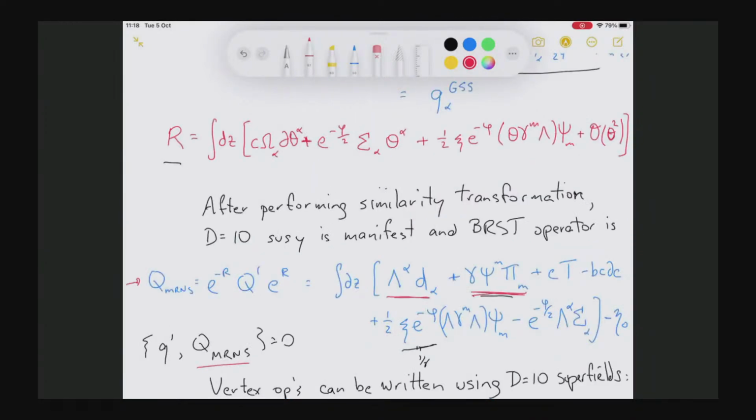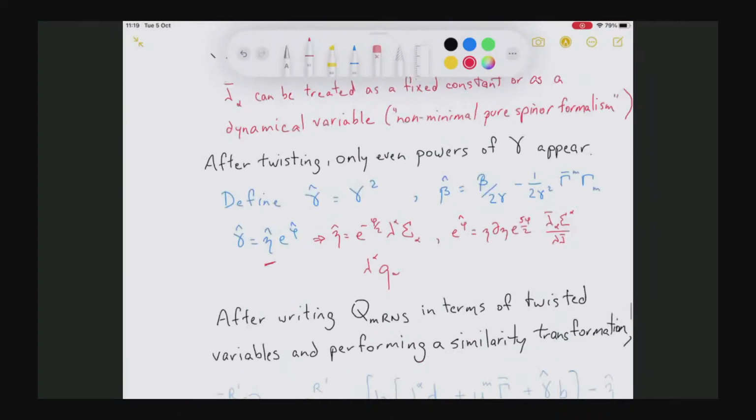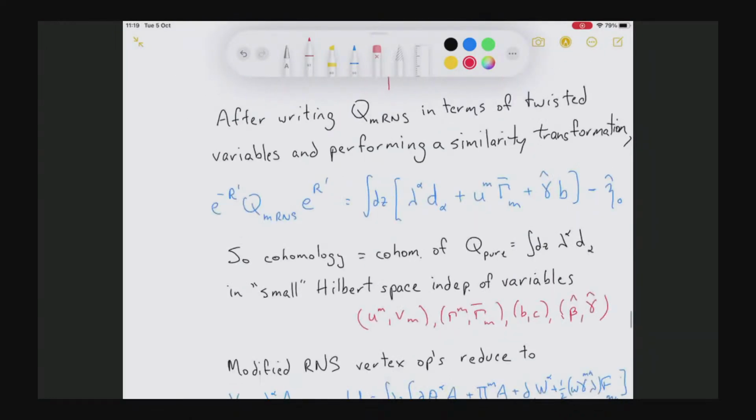We're going to use these twisted variables which have integer spin and write everything in terms of them, in terms of the hatted ghosts and the gammas and gamma bars. And then what we find is something very similar to the pure spinor BRST operator after performing a similarity transformation.